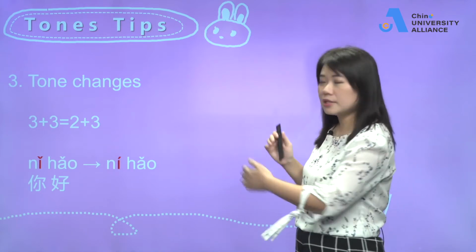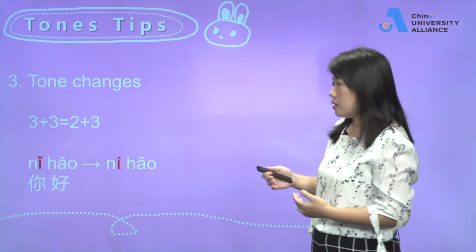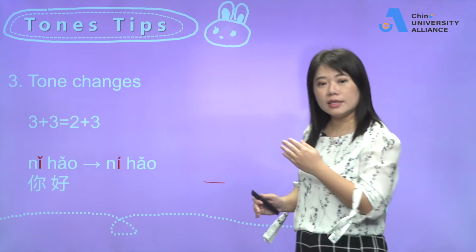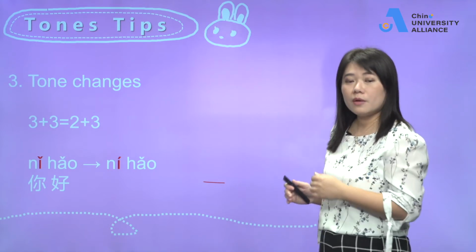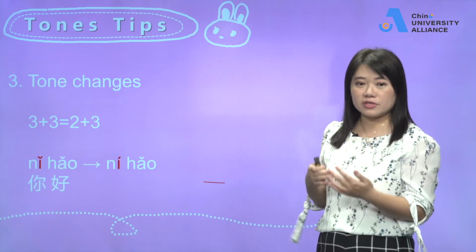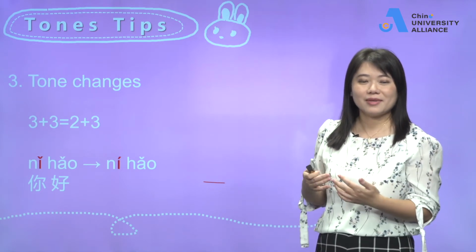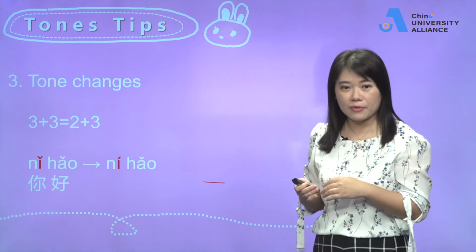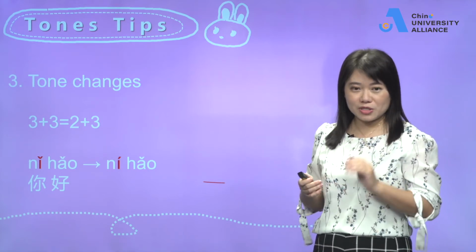But when you're using them in the conversation, it turns to 你好. Because when you try to say 你好 in a conversation, you will spend a lot of time. So here they will change the tone. It means hello in Chinese.